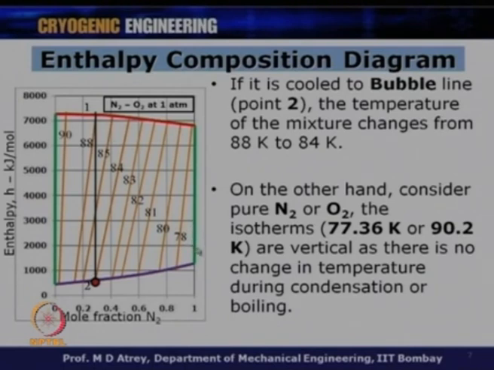So, for pure nitrogen or oxygen, the isotherms are vertical, as there is no change in temperature during condensation or boiling, because it is a one component system, it is not a mixture anymore. I hope this is clear to you.